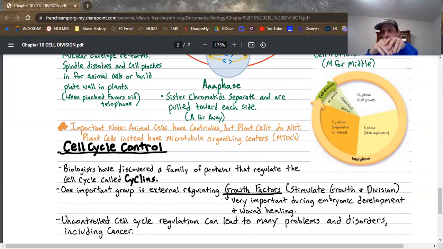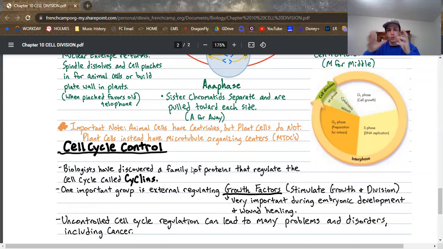They release chemicals to the nucleus that then signal a change that says, hey, it's time to start division. So these cyclins communicate as they move through the cell to the nuclear membrane, let it know it's time to start. These proteins are very important for regulating this cycle.